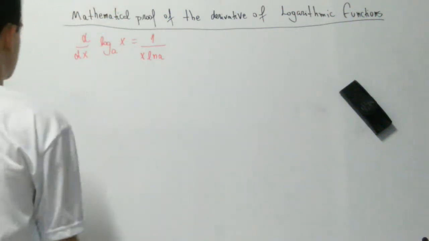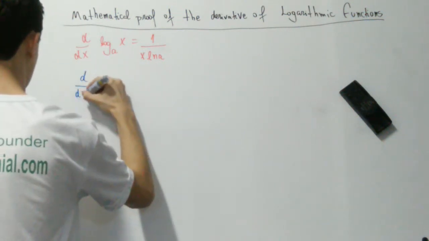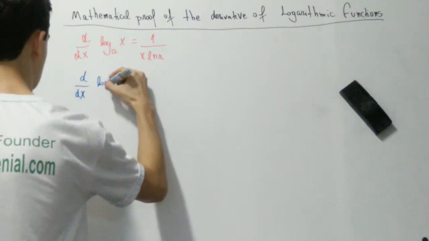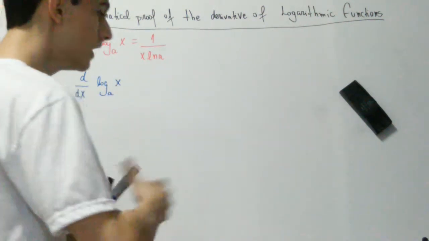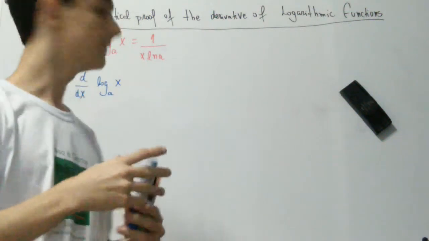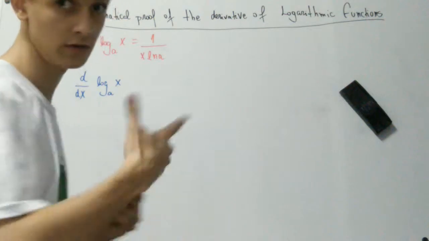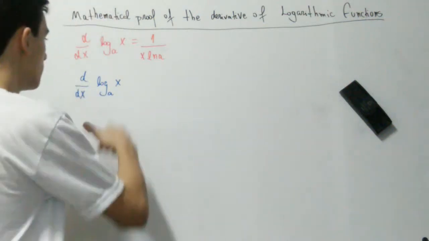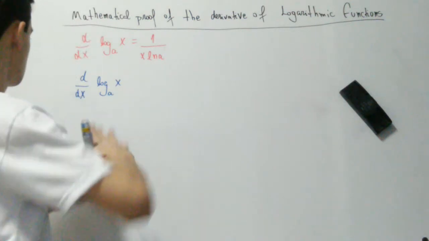Let's rewrite this part here. So, the derivative with respect to x of log base a of x. And now we are going to use the change of base property of logarithms. We see that we can change the base. It's a property of logarithms, and we can choose a base.